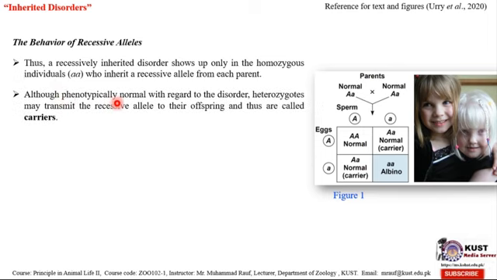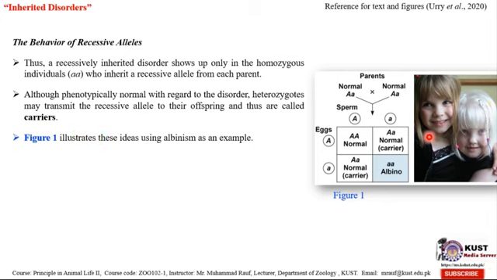Although phenotypically normal with regard to the disorder, heterozygous individuals are termed carriers because they have a defective copy alongside a normal copy. The normal copy is performing the function and is somehow masking the effect of the defective copy. But this person can transfer the defective copy to the next generation.